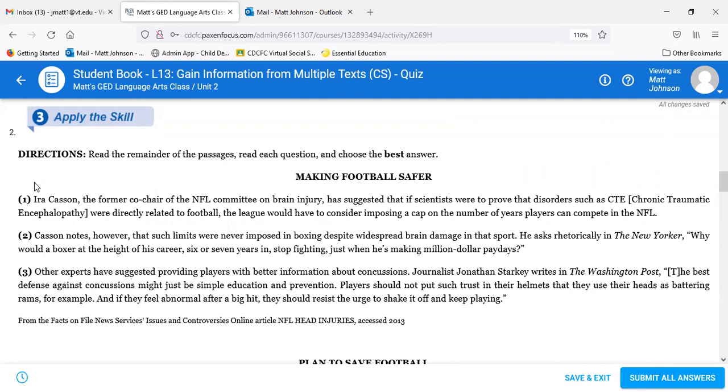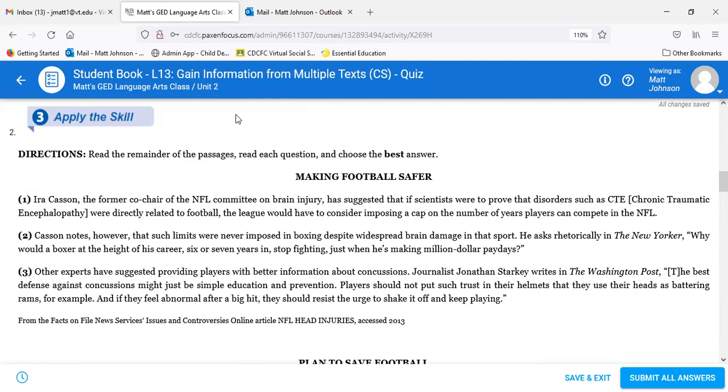All right. Making football safer. Ira Carson, the former co-chair of the NFL Committee on Brain Injury, has suggested that if scientists were to prove that disorders such as CTE, chronic traumatic encephalopathy, were directly related to football, the league would have to consider imposing a cap on the number of years players can compete in the NFL.